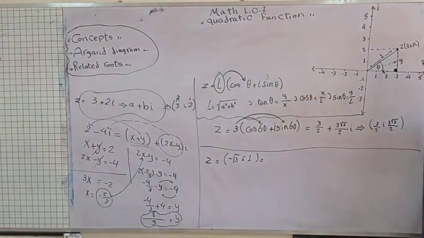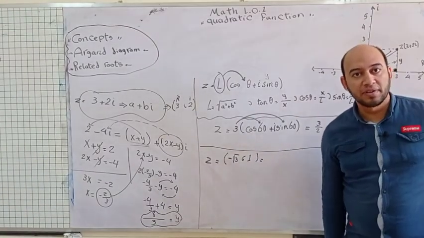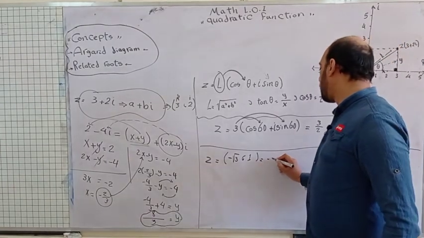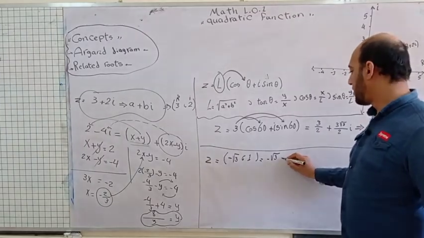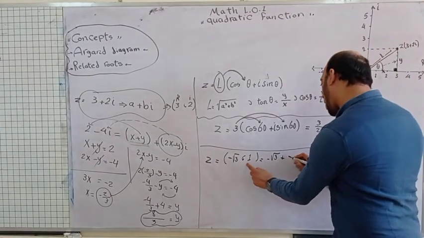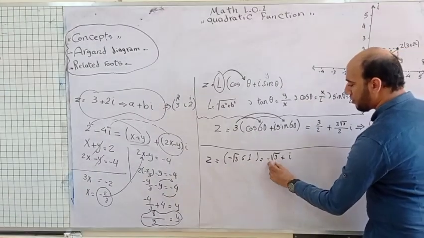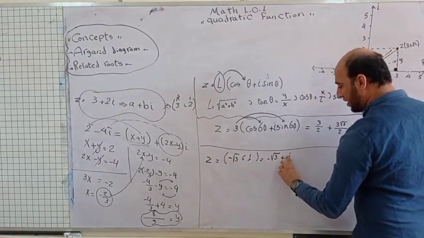This is an ordered pair. Let's write it as algebraic form. Algebraic form will be minus root 3 as a real part plus 1i as an imaginary part. This is a and this is b. b here equals 1.